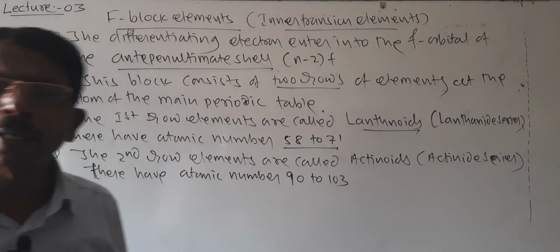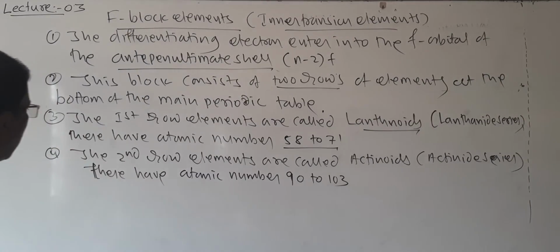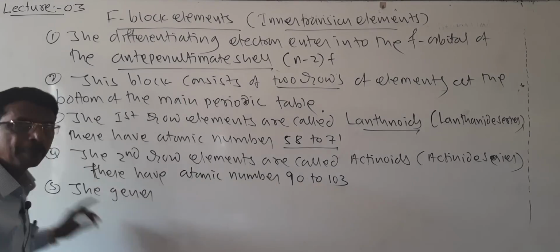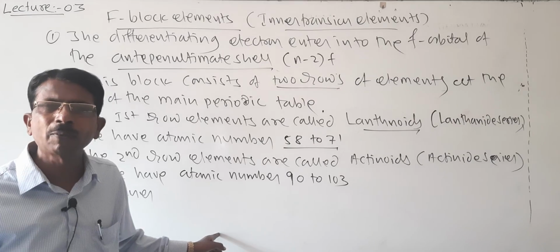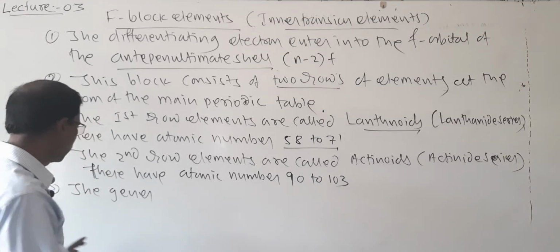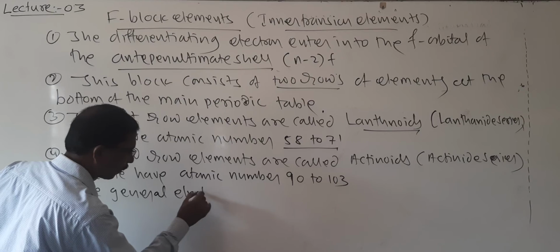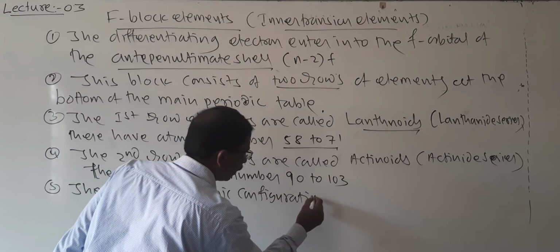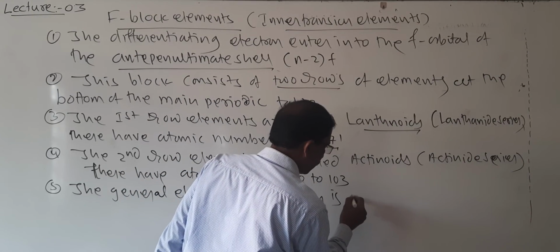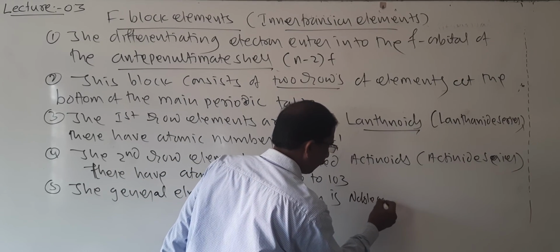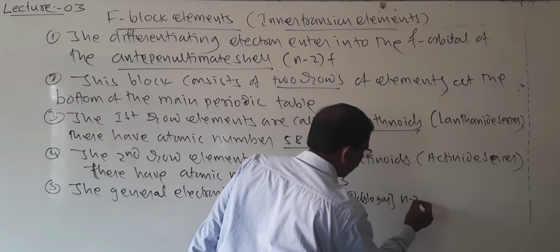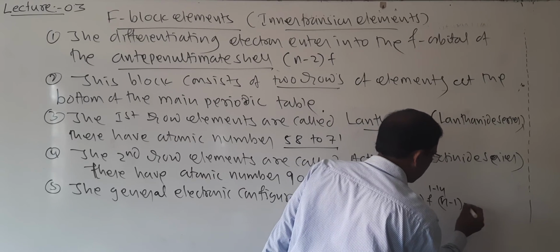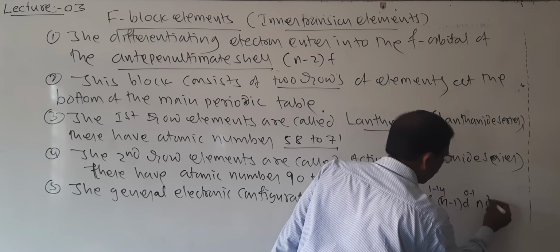And what is the general electronic configuration? The general electronic configuration is a very important one. They may ask for a 1 mark question: write the general electronic configuration of d orbital or f orbital like this. The general electronic configuration is noble gas or inert gas, n minus 2 f 1 to 14, n minus 1 d 0 to 1, ns raised to 2.